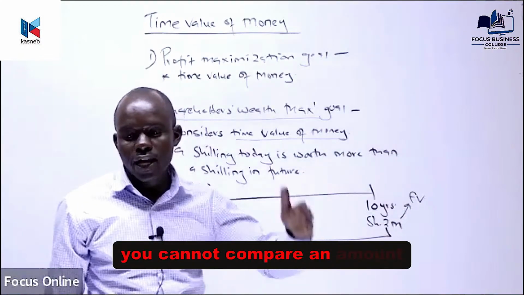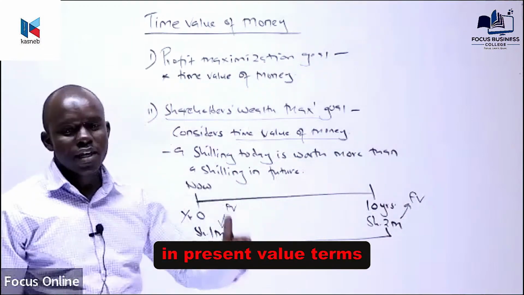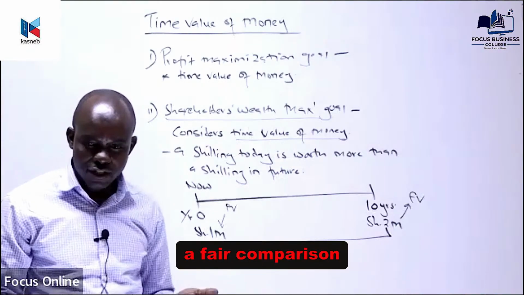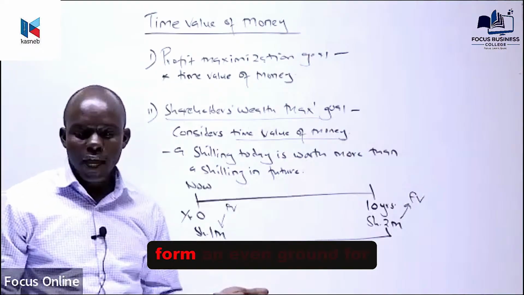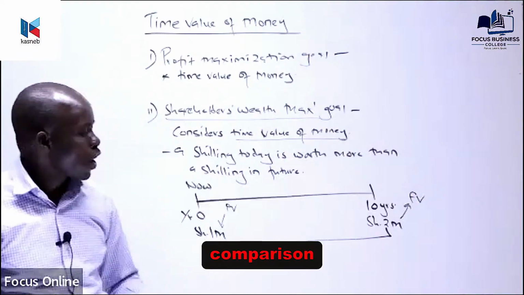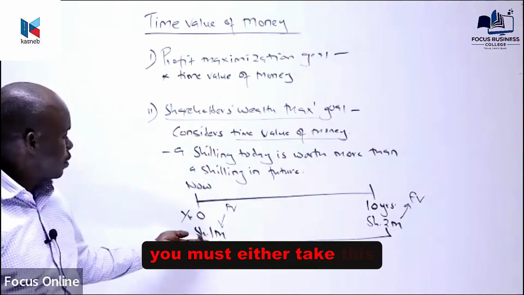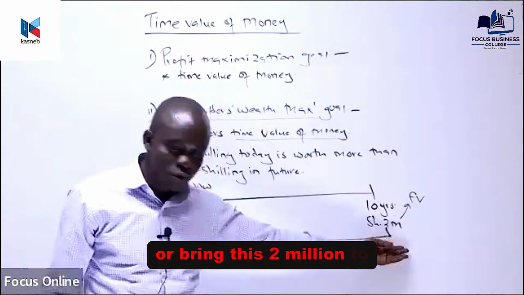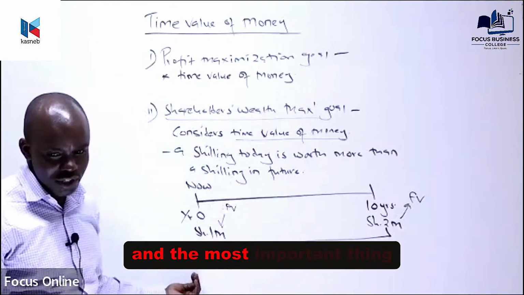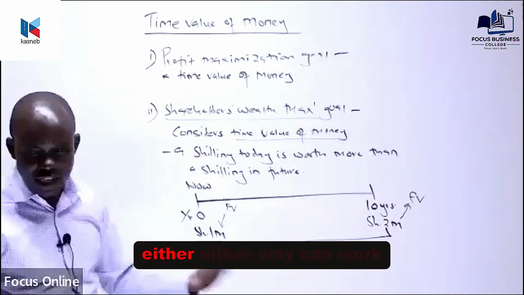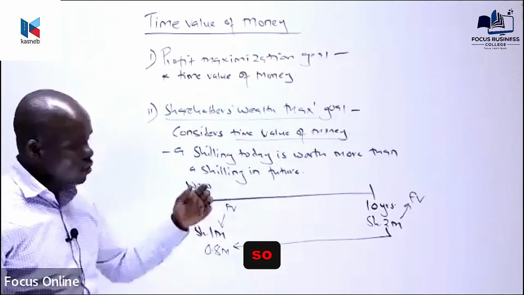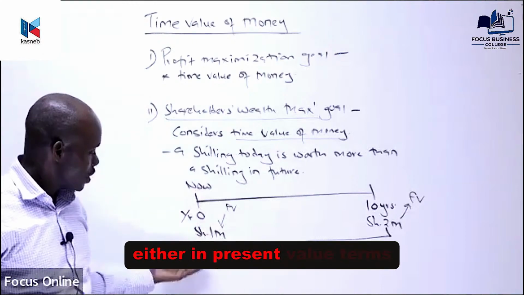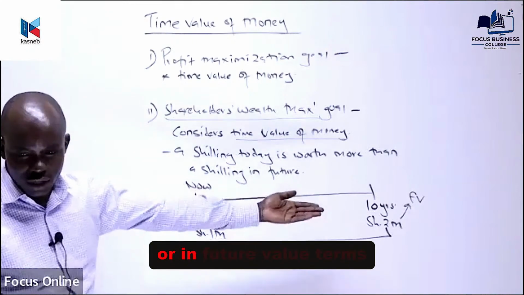If you want to have a fair comparison, you must either take this 1 million to future value or bring this 2 million to present value. Either way can work.